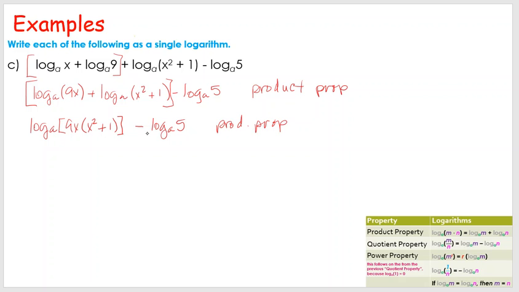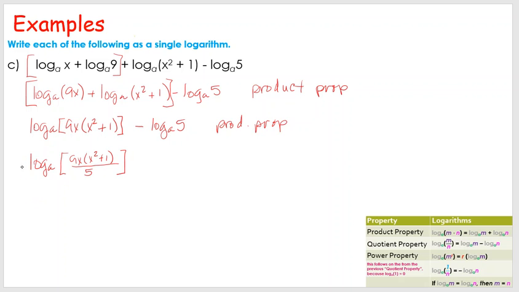Now, if you see, I'm left with a subtraction. So whenever we're subtracting, we can go ahead and write that as a division. So I'm going to have log base A, and then up here in the top, I've got 9x multiplied by x squared plus 1 all over 5.